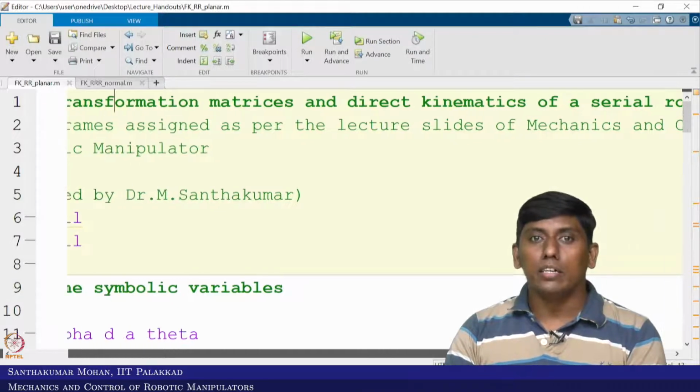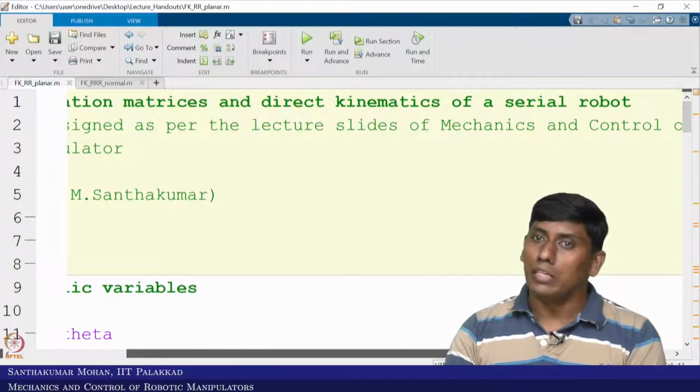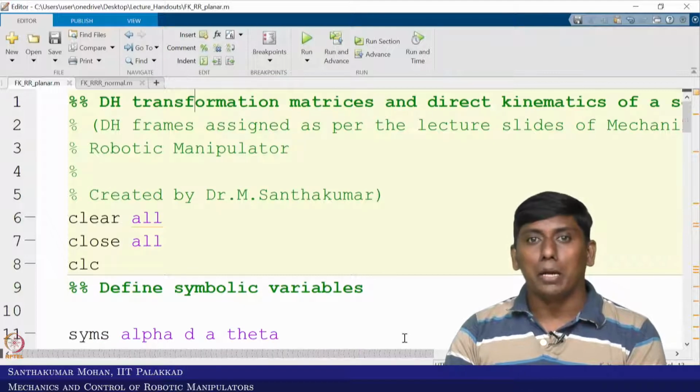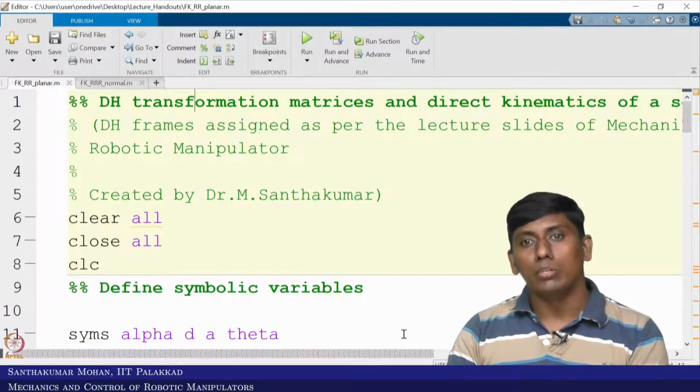Here the notation and the frame assignment are all based on the course which we have covered, Mechanics and Control of Robotic Manipulator. What I am putting here in that specific class is that the matrix we are going to use as the DH matrix is the non-standard one.